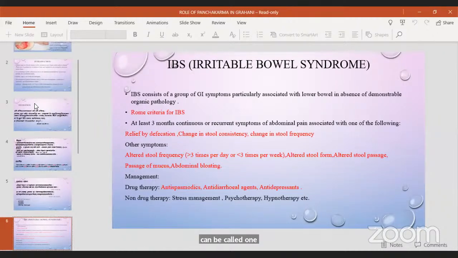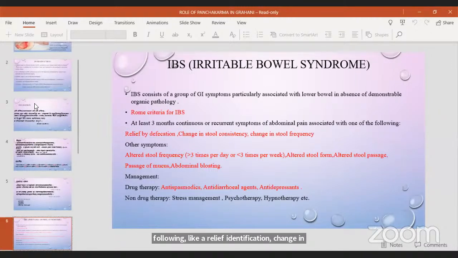IBS consists of a group of GI symptoms, particularly associated with the lower bowel, in the absence of demonstrable organic pathology. According to the Rome criteria for IBS, there should be at least 3 months of continuous or recurrent symptoms of abdominal pain associated with one of the following: relief by defecation, change in stool consistency, or change in stool frequency.